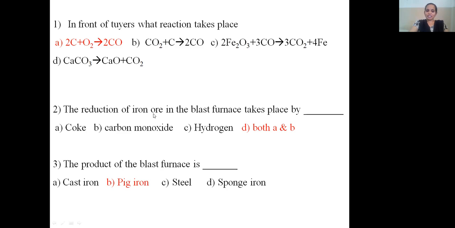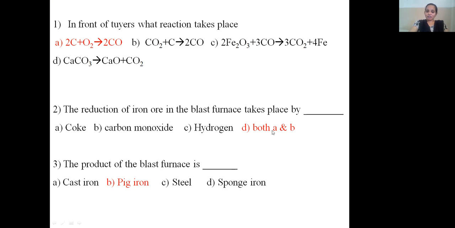The reduction of iron oxide in the blast furnace takes place by how Fe2O3 gets reduced to Fe, by using coke, by using carbon monoxide gas, by using hydrogen. Yes, from all of the above actually.